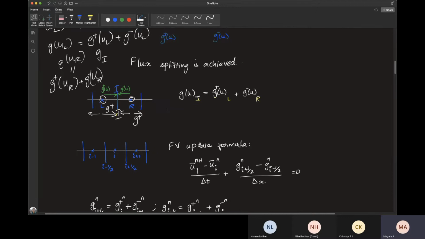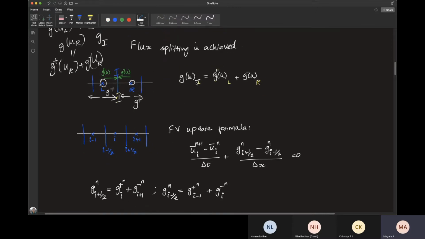Now we can substitute these expressions in our finite volume update formula. Last time we saw how we obtain this finite volume update formula. Suppose we do this control volume analysis for the cell, we get this expression.